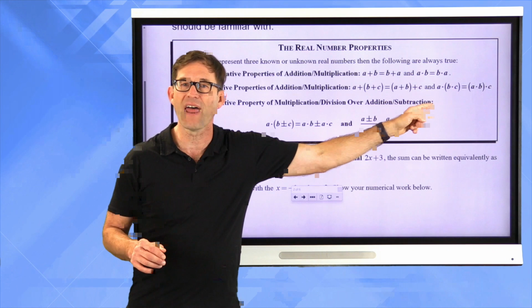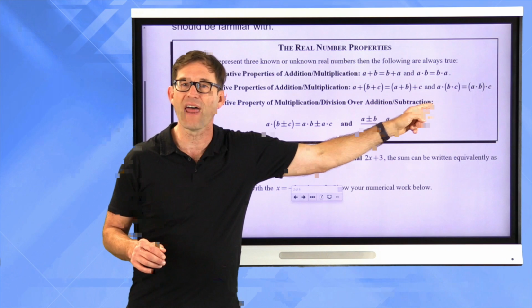Let's take a look at letter B together, and then we'll have you do letter C on your own. Letter B says 5x squared plus 8x minus 4 minus 2x squared minus 3x plus 10. Again, I'm going to go through this rigorously. In this situation, we've got 5x squared plus 8x plus negative 4 plus negative 2x squared, plus negative 3x plus 10.